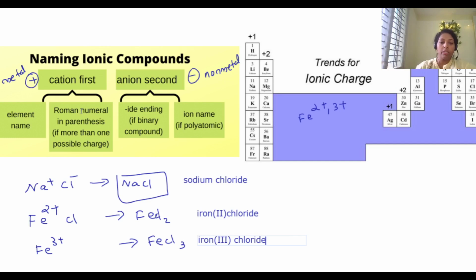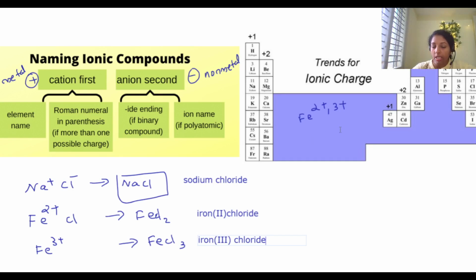So the Roman numeral is needed only when the cation has multiple oxidation states. Which elements? D block elements. The elements not shown in this list have multiple states, while group 1 and group 2 always have a definite charge.